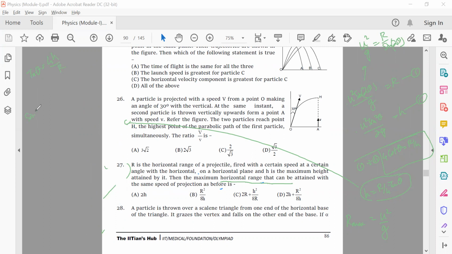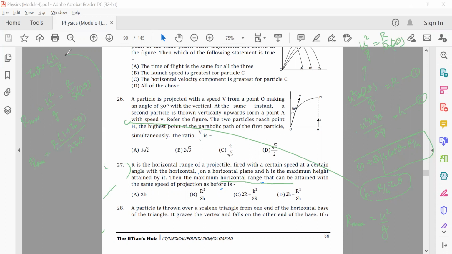So sine 2 theta, actually we'll substitute it in another way to be more convenient. I'll directly substitute in the formula. So my R max, which is U square by G, becoming R upon sine 2 theta. That R max can be written as R into 1 plus tan square theta upon 2 tan theta.